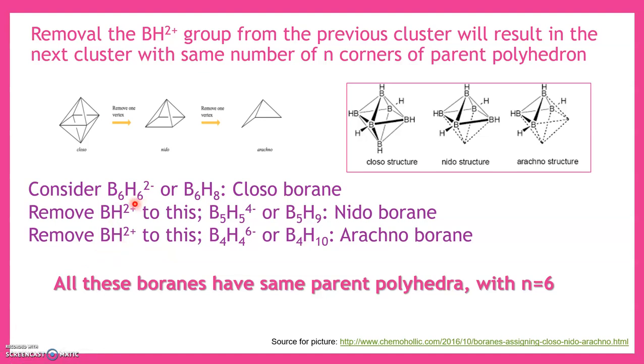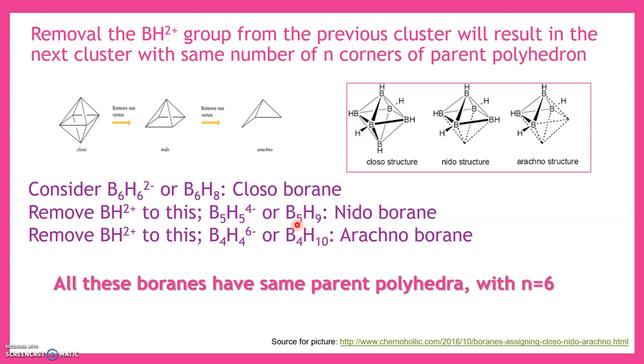When I remove 1 B and 1 H, I get B5H5 from here, and then I remove 2 plus. That means I have to subtract 2 minus here. So I get 4 minus. So I add 4 hydrogens to this. I get B5H9. So this is a nidoborane.